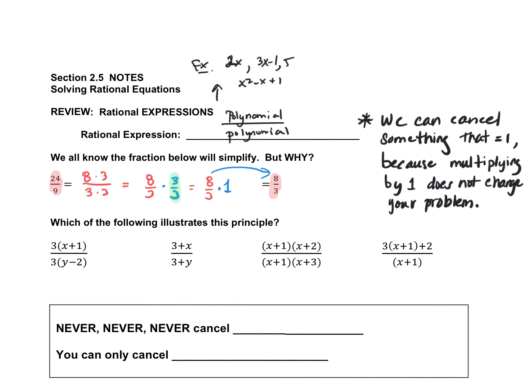Does not change your problem. All it's doing is just rearranging what it looks like. And we do that all the time. We manipulate it so that we can change what it looks like so we can do something better with that.